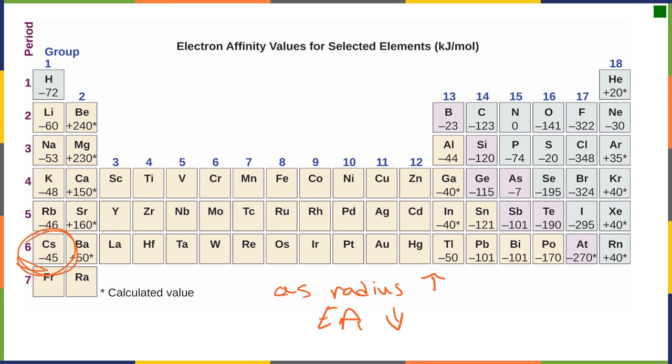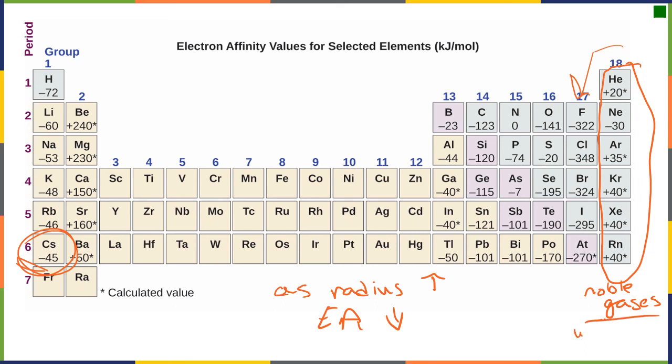The small elements are going to be these guys right here, like fluorine. So fluorine, chlorine, bromine, iodine, these guys want to gain electrons. Now note the exception to this rule are the noble gases. Please note that noble gases are stable and they do not want to gain electrons. So as the radius goes up, electron affinity is going to go down, with the exception of noble gases, which do not want to gain electrons.